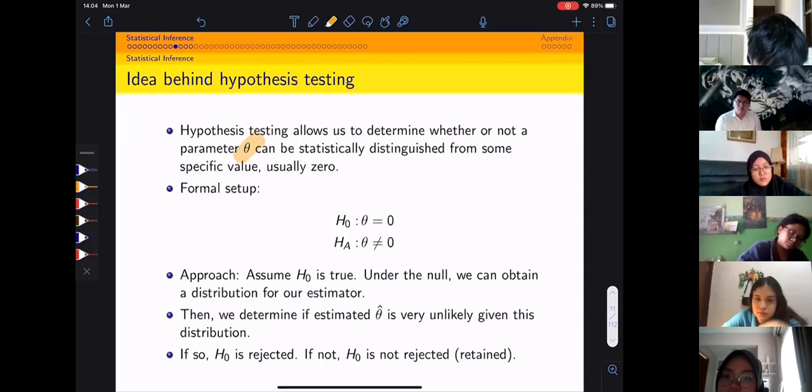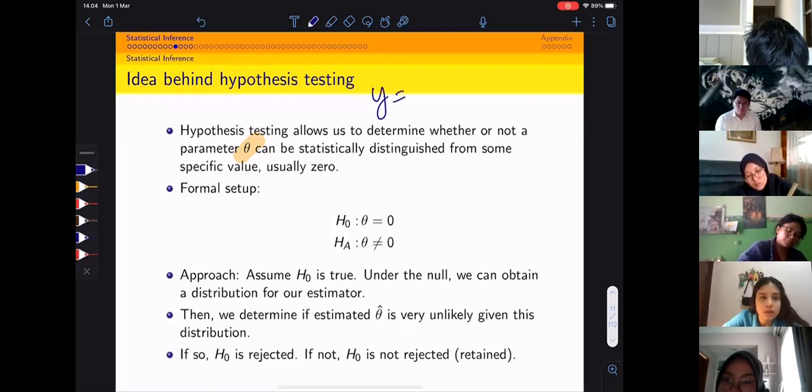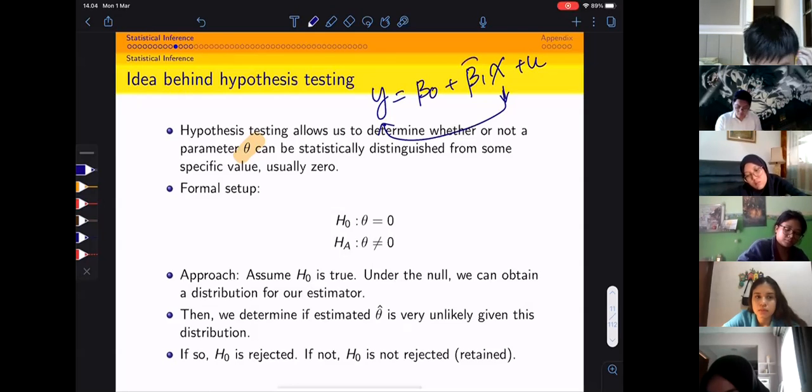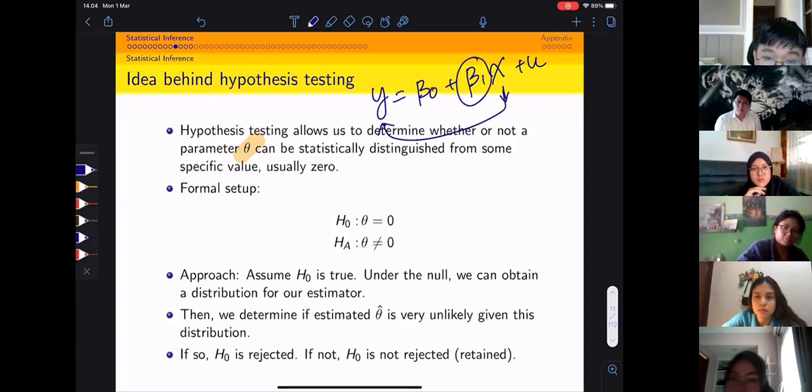For example, take a very simple population regression function: y is equal to beta 0 plus beta 1 x plus u. We want to know whether or not x has an effect on y. So what we want to know is whether beta 1 is different from 0. If beta 1 is different from 0, it could be positive, it could be negative.